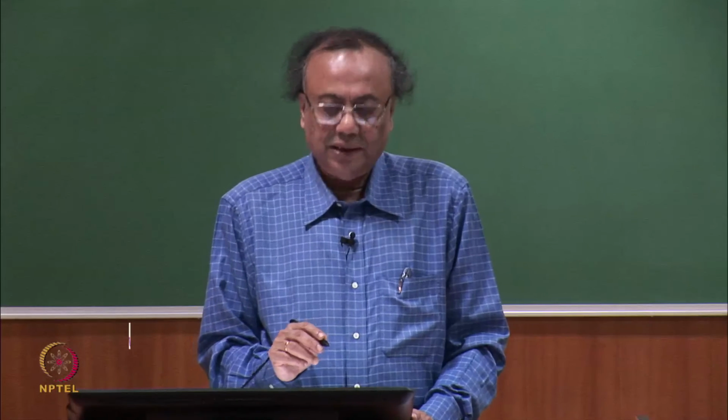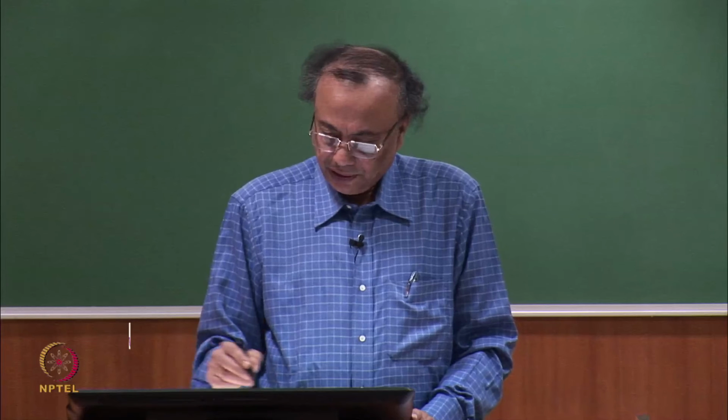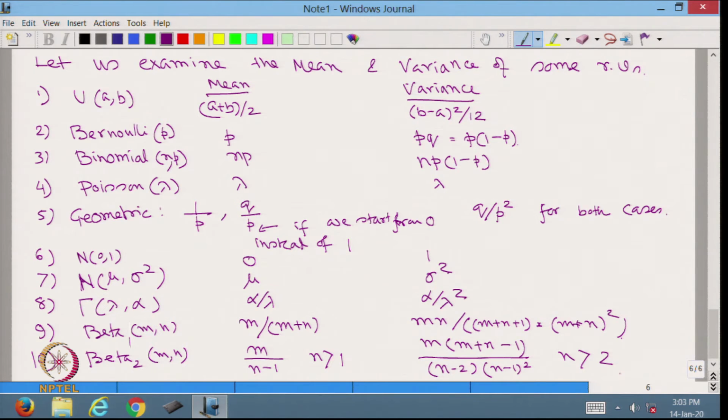Now, one thing I want you to notice is that the mean and variance for each of the random variables actually help in identifying the parameters of the distribution. So, whatever parameters we are giving, they are coming in some form or other in the mean and variance of the corresponding distribution.